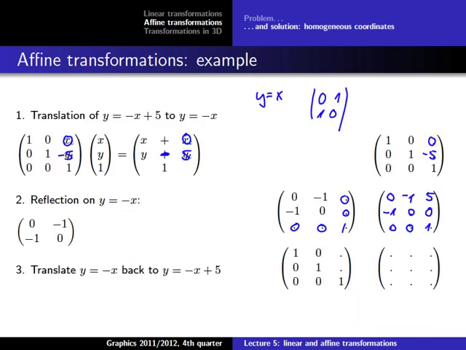So we just have to add here 0 and 5 to the matrix, and then we get the correct translation. So if we multiply this here, we get 0 minus 1 minus 1 0 5 5 1 0 0.